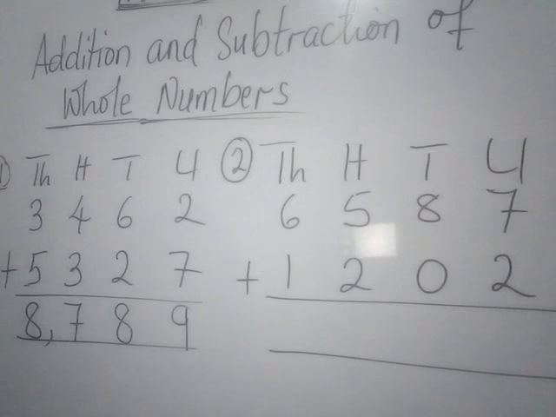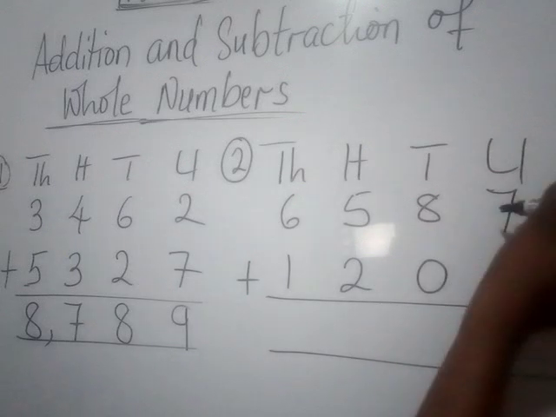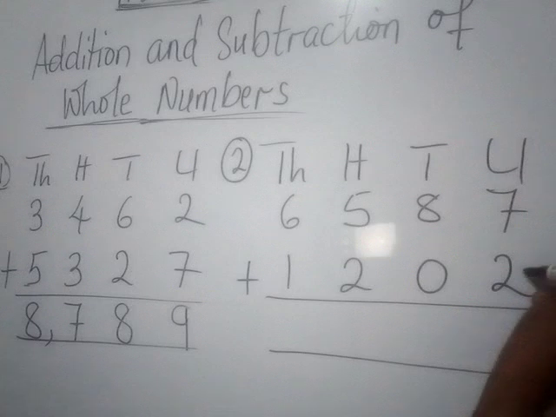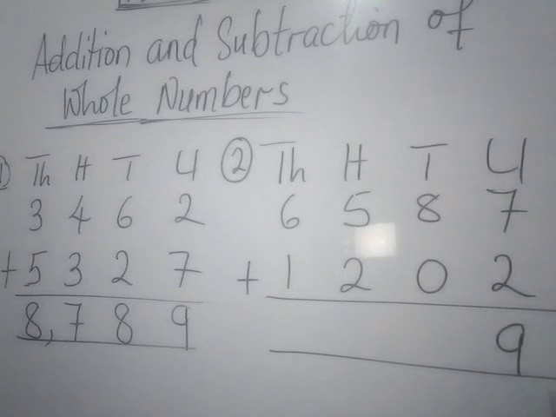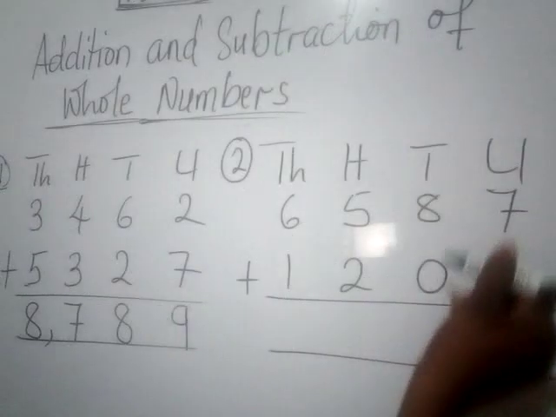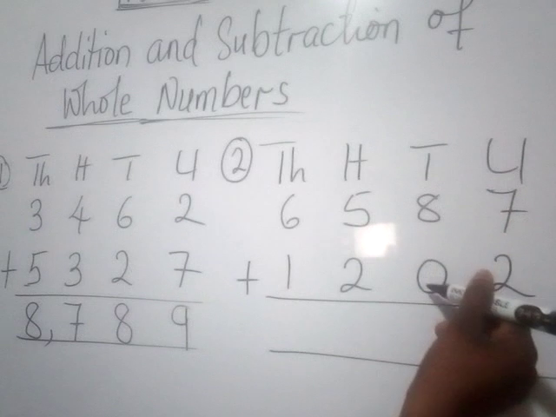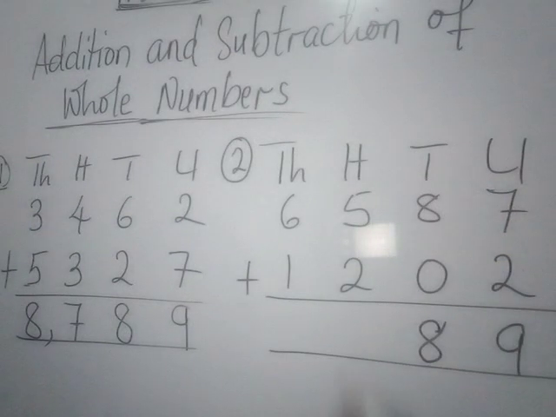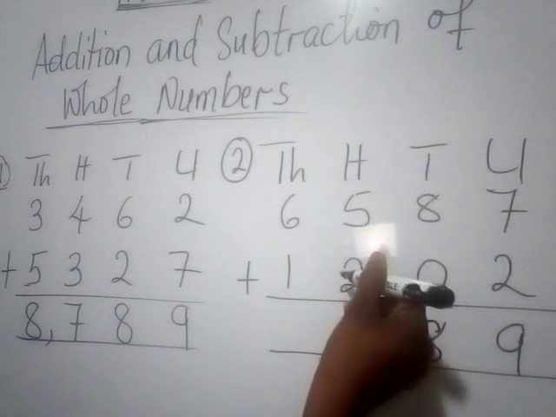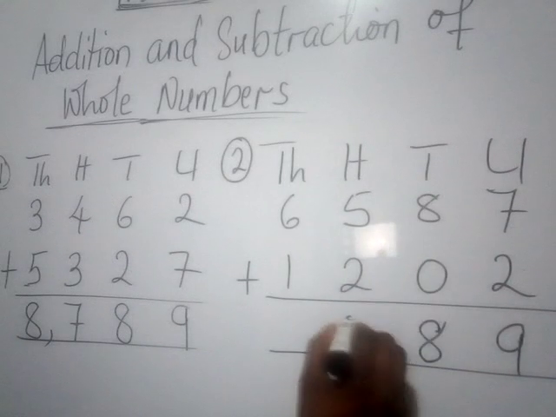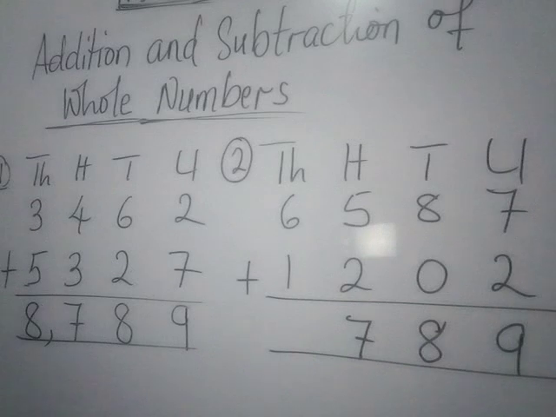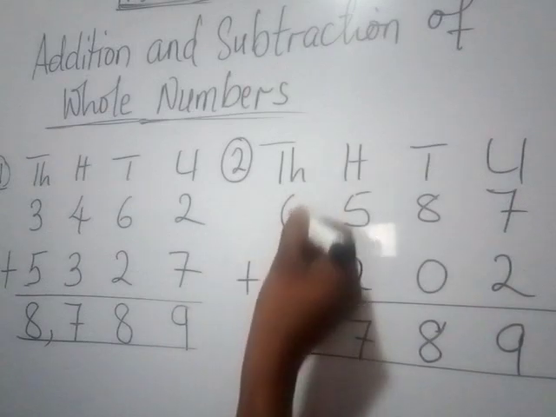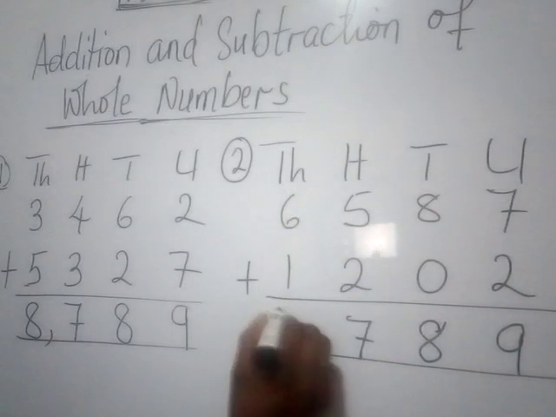So the second example here says 7 plus 2. You have 7, add on 2 more steps, 8, 9. So you have 9. 8 plus 0, you're adding no step, so 8 plus 0 is 8. 5 plus 2, 5, add 2 more steps, 6, 7. So 5 plus 2 is 7. And lastly, 6 plus 1, 6, add on 1 step, 7.